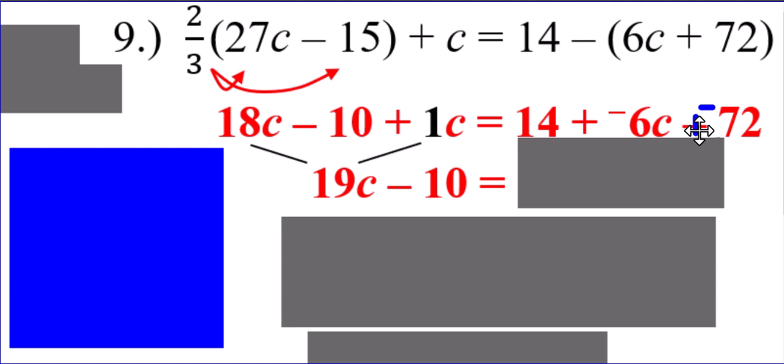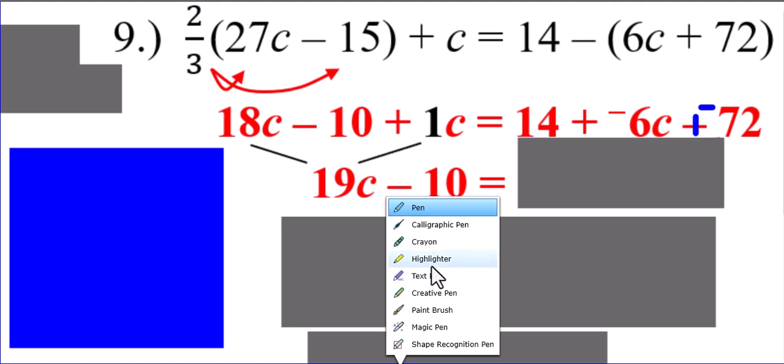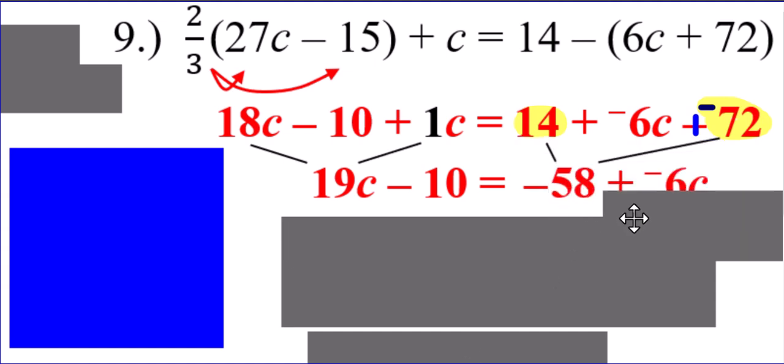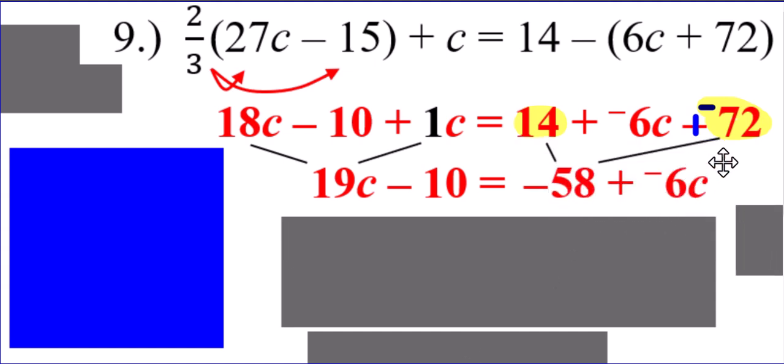Speaking of which, since I would technically need to do the commutative property in my head to combine the constants of 14 and it's actually negative 72, then it was good that I made this adding the opposite. So that way I realize that this is going to give me negative 58. If you had 86, then you really should have made this minus 72 plus negative 72. So that way you would realize why it is negative 58.